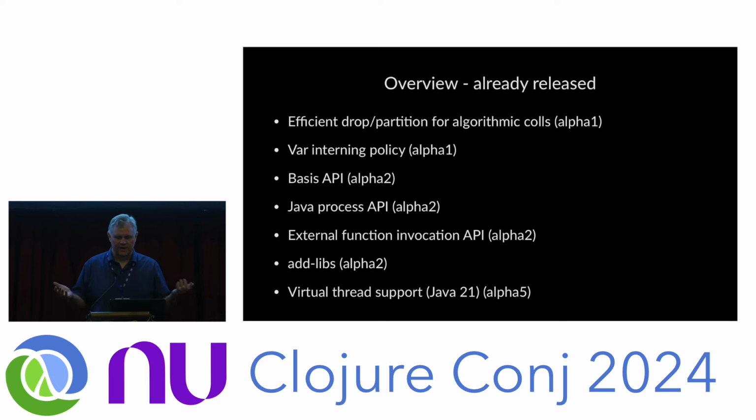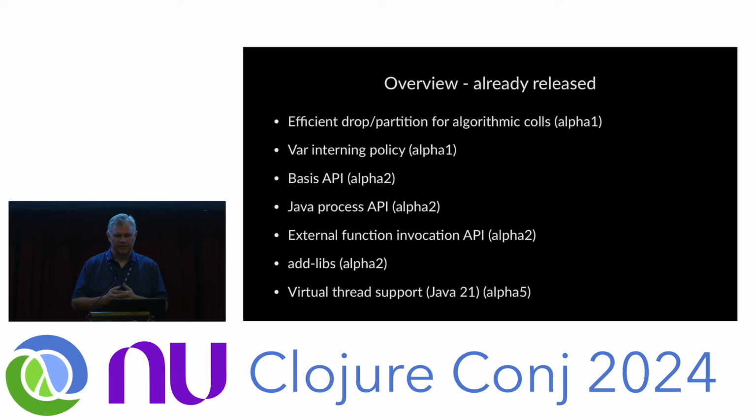For certain kinds of collections, like an indexed collection such as a vector, or something like a range or repeat or cycle, you can more efficiently do that work, right?